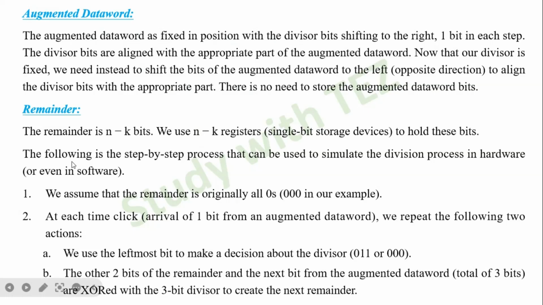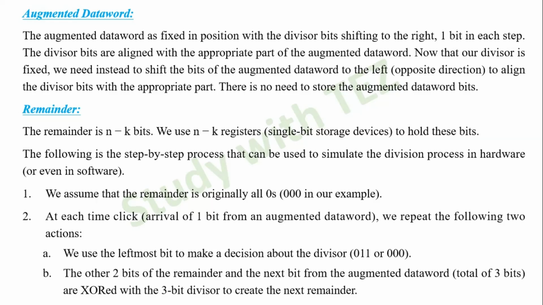Then when it comes to the remainder, the remainder is only n minus k bits. So only n minus k registers are enough. We don't require 4 registers. So 3 registers are enough. So next we assume that the remainder is originally 000 in our example. At each time one bit will come, you do the XOR operation, either with 011 or 00.